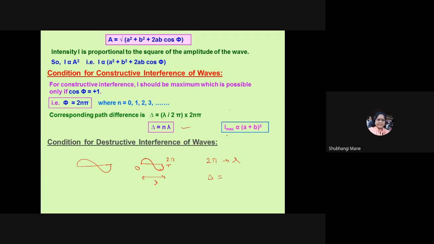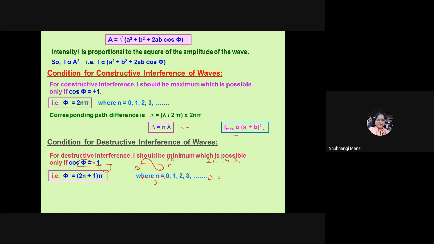And due to the constructive interference condition, I maximum, the maximum of intensity, is directly proportional to (a plus b) square. Right? Next, for the condition of destructive interference, we get another condition: the path difference delta equals lambda by 2 pi into (2n plus 1) into pi.